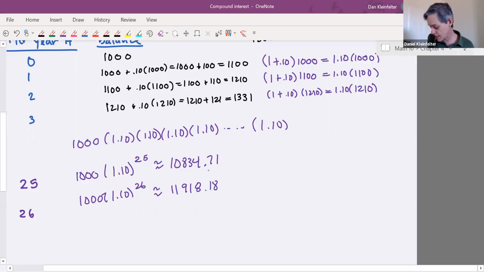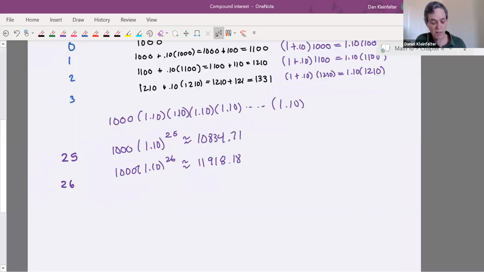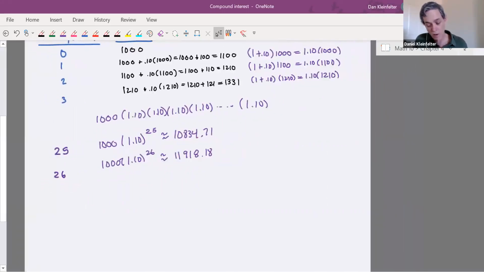All right, so we can see that the balance is going up over time, and it's achieved by repeatedly multiplying. Okay, so that's the basic idea for compound interest. Of course, we have more coming.